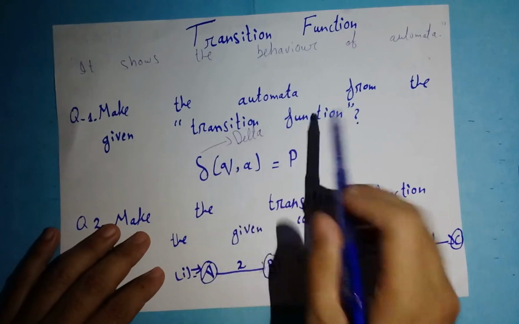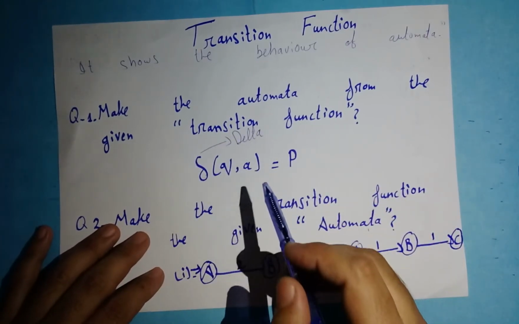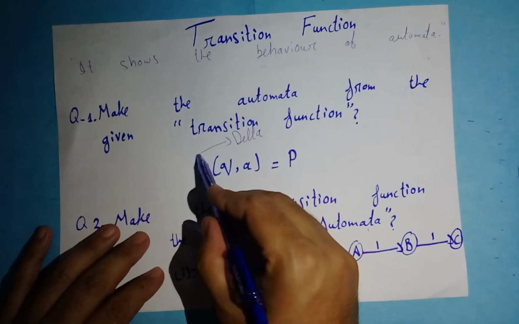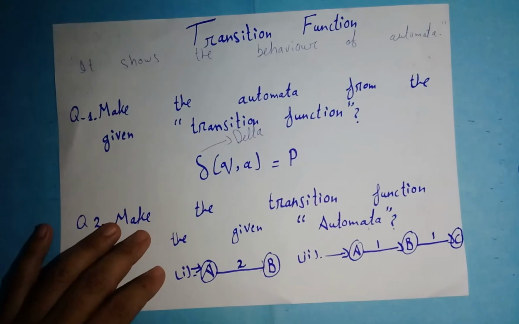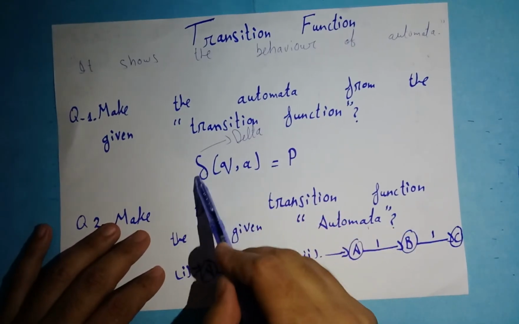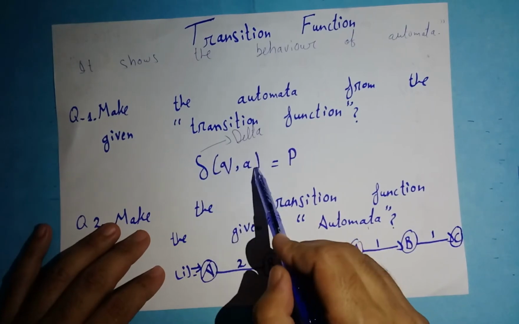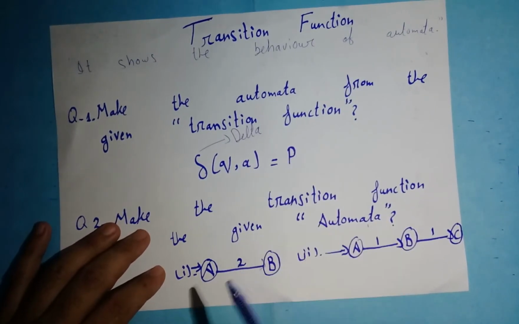So when you see a transition function, first of all you will see the sign of delta. In the bracket you see q comma a, and it is equal to p.